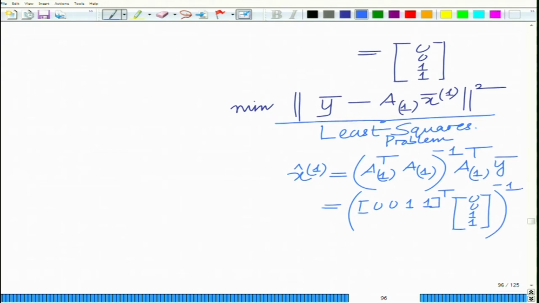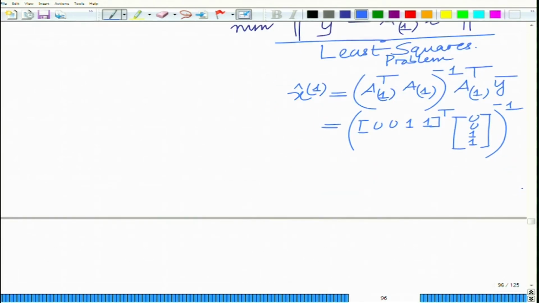So, this is 0 0 1 1 transpose, a row vector times the column vector 0 0 1 1, inverse of this, times a1 transpose 0 0 1 1 times 0 2 3 5. Okay. And this will be half, because a1 transpose a1, a row vector times the column vector, will be 2.